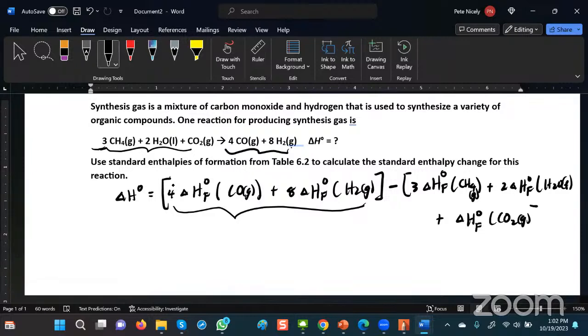All right? Okay, so those are the terms, right? These are the terms for the products. These are the terms for the reactants.